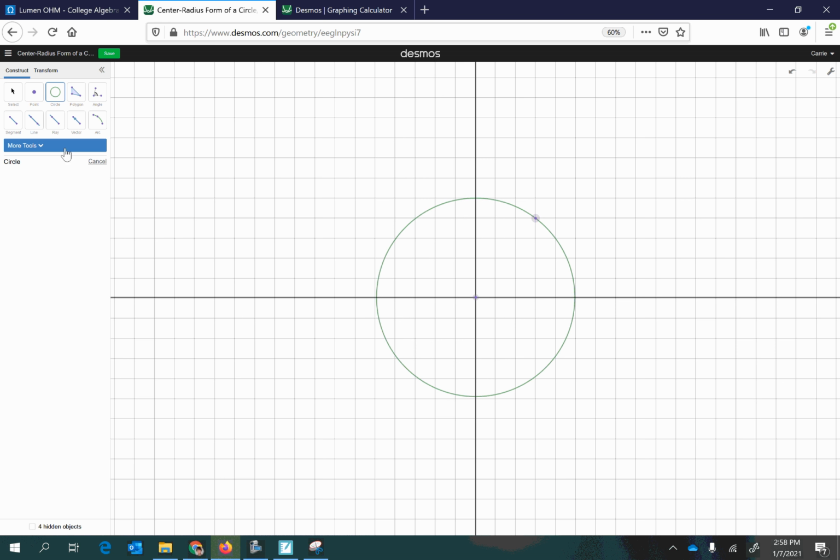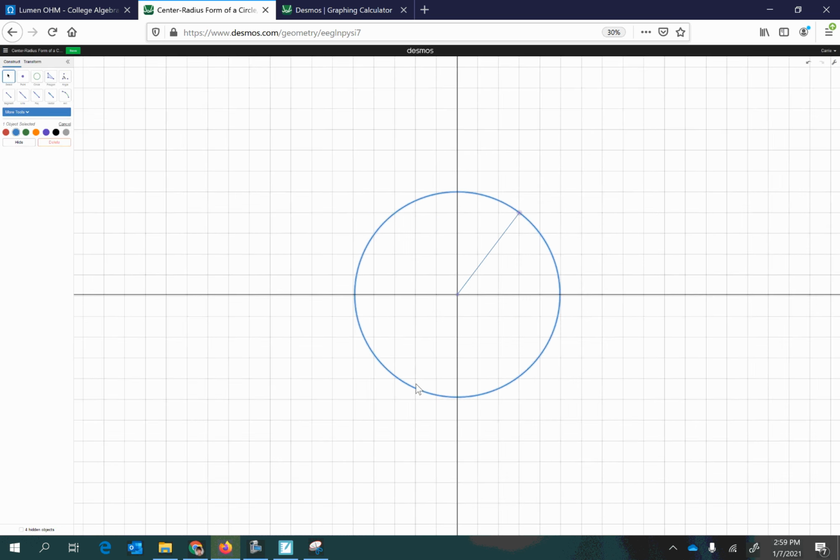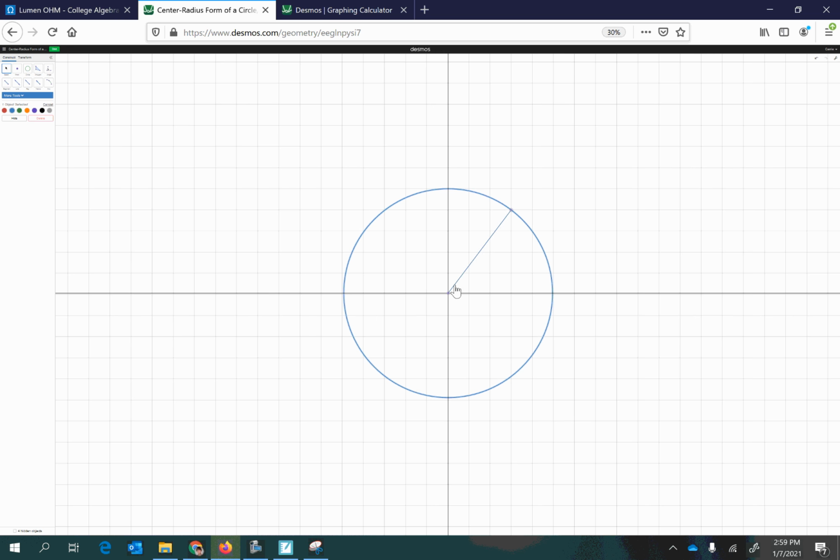Okay, so now I know that I have a circle that is centered at the origin, and then I have a point on the circle with the coordinates 3, 4. And I want to know what is the distance between this point and this point. All right, now to find that distance, I'm going to have to figure out how far I would have to move to get here.